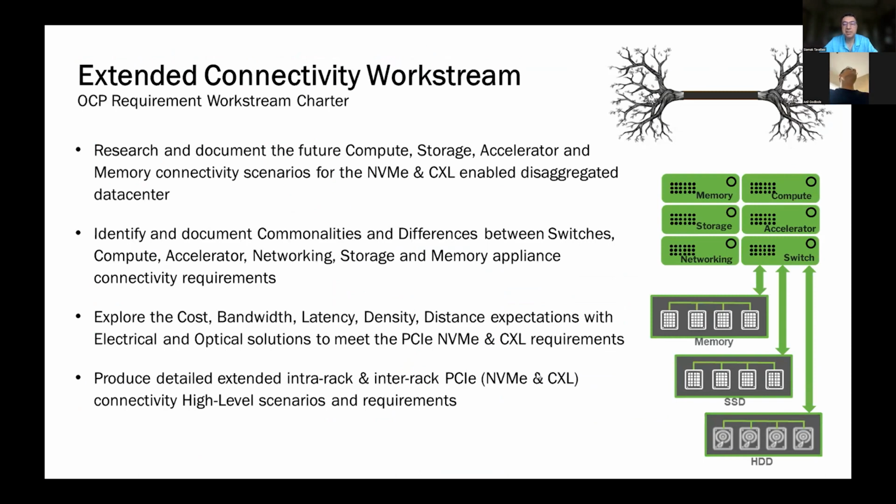Inside the chassis and chassis-to-chassis elements, they have a specification contributed to OCP that defines the length of these cables, how well to design them, what connectors to use, what expectation they have on the distances between these racks or chassis.